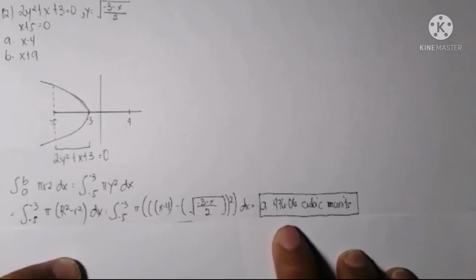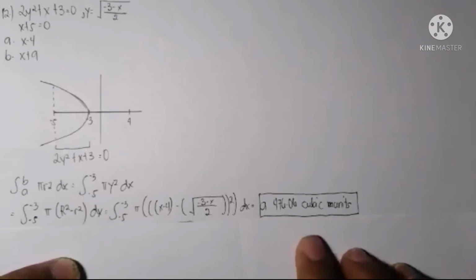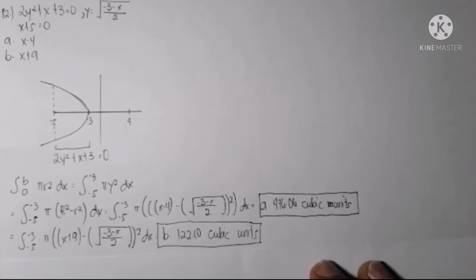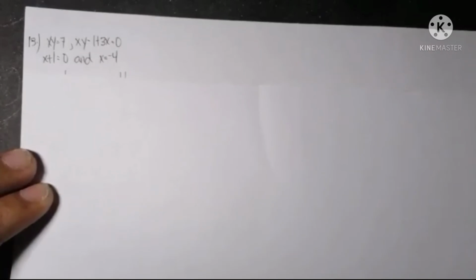That is now equal to 476.06 cubic units. That is our A. So our B now is the negative integral of pi times (x plus 9 minus the square root of (negative 3 minus x) over 2) squared dx from negative 5 to 3, which is equal to 122.10 cubic units. That is our B.